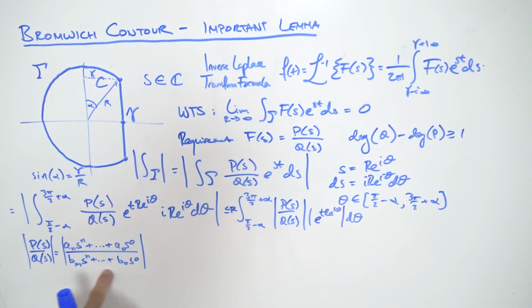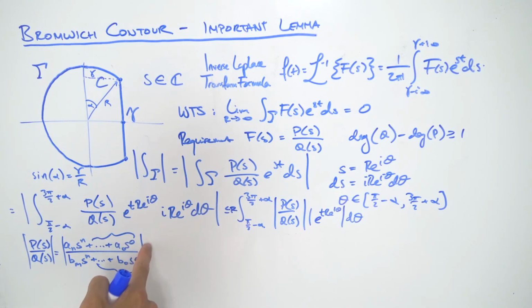And since these are both polynomials, the only parts that really matter as s gets really big are just the leading terms over here. Everything after the leading terms becomes irrelevant, so we don't really have to worry about that because the dominant terms are just going to be these leading terms.